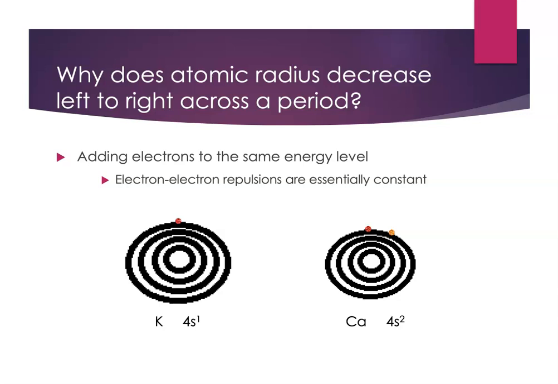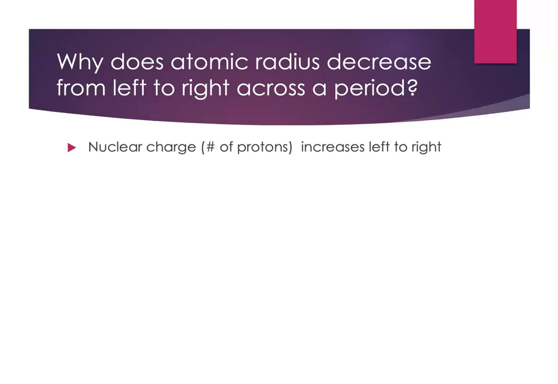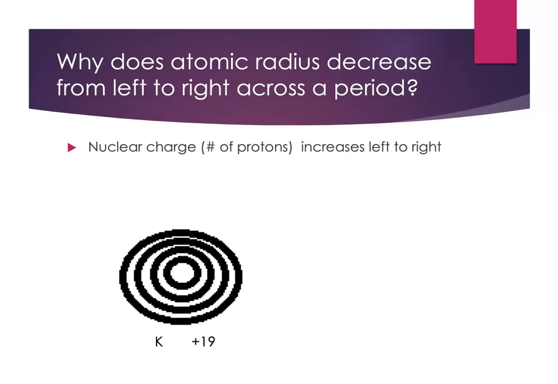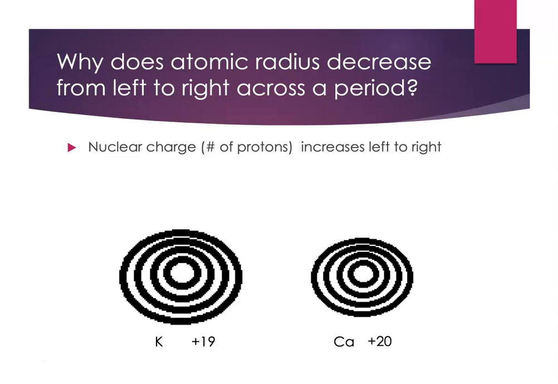But the other thing we have to remember is that the nuclear charge, the number of protons, is changing as we go from left to right across the period. So if we think about potassium with its 19 protons versus calcium with its 20 protons, this is really the origin of the difference, of that change. What we're seeing is that the 20 protons in calcium hold those valence electrons in the 4s sublevel more tightly.